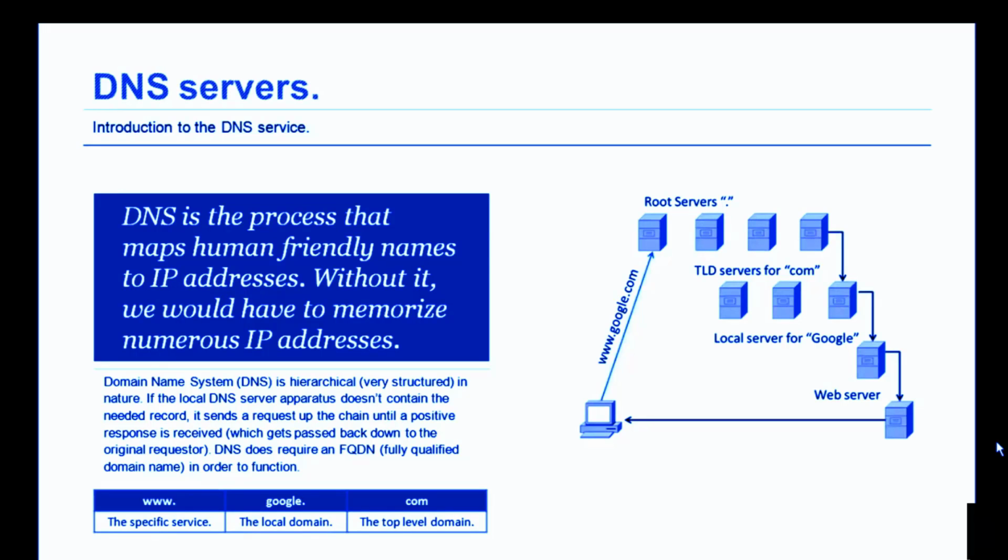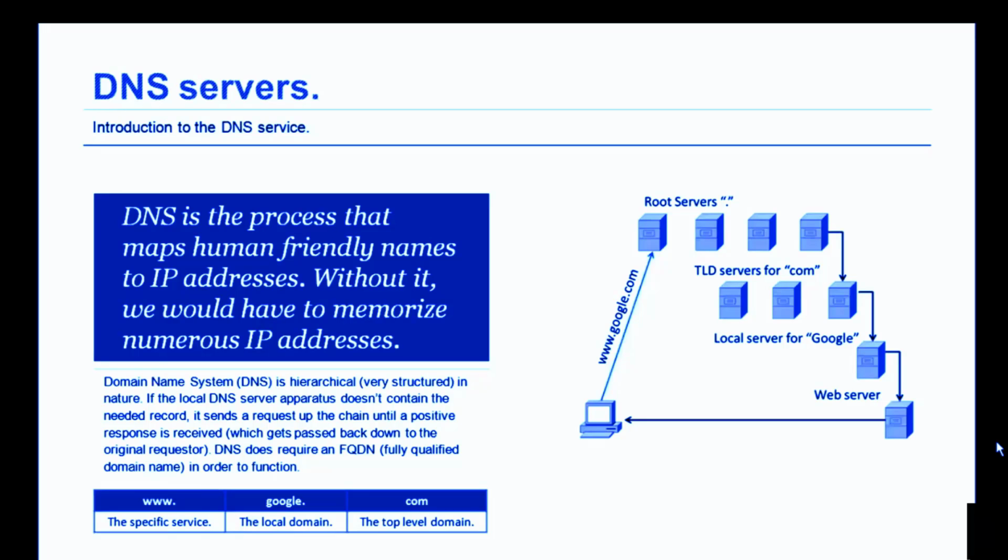If the local DNS server apparatus doesn't contain the needed record, it sends the request up the DNS chain until a positive response is received back. This positive response gets passed back down to the original requester.